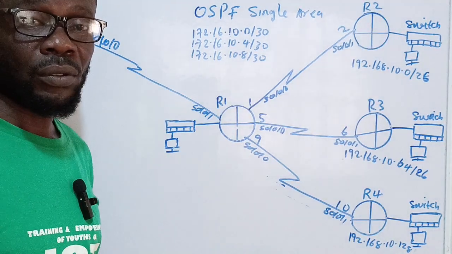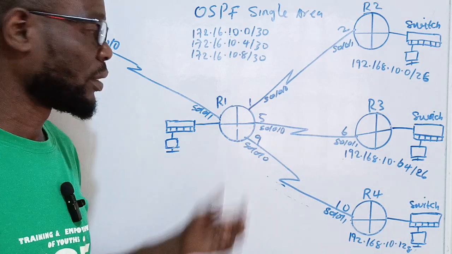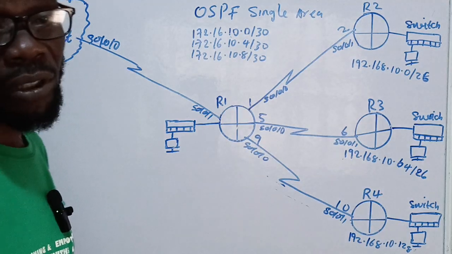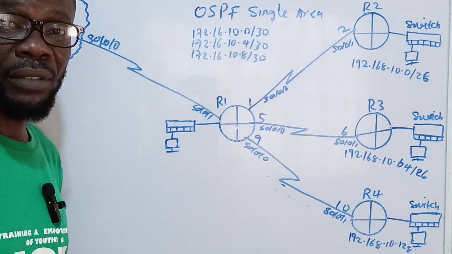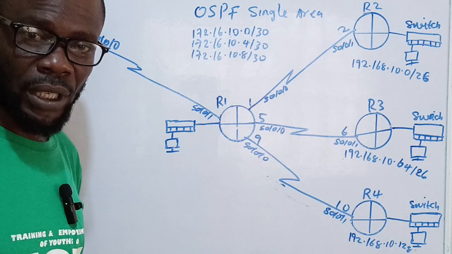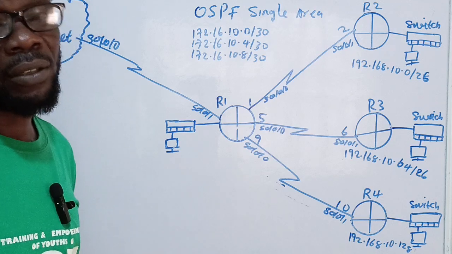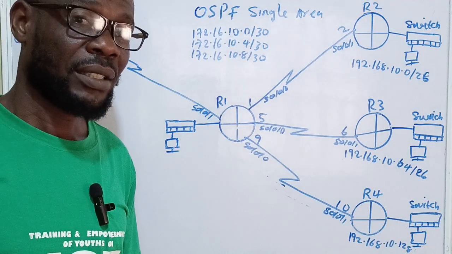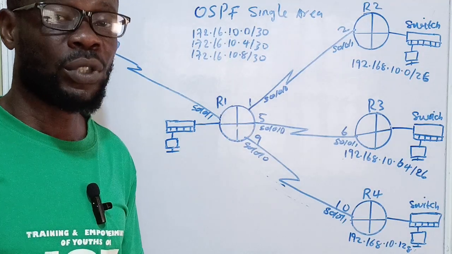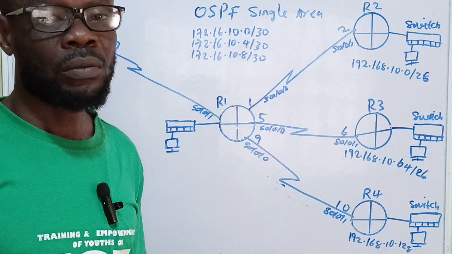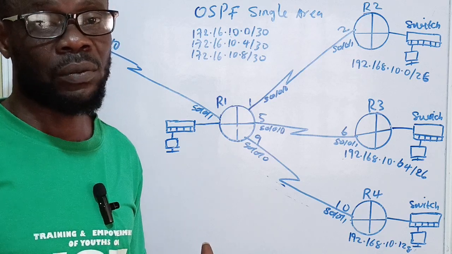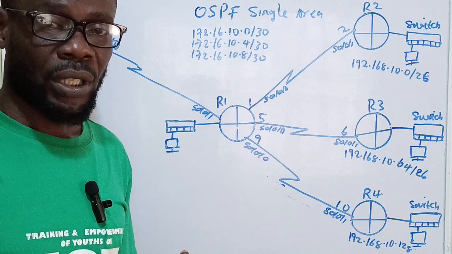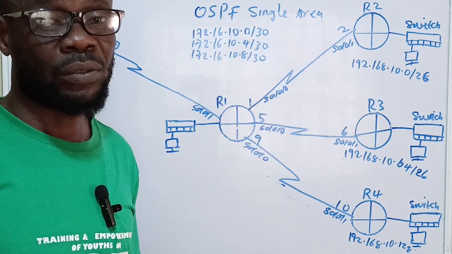And I'm going to configure them in this OSPF network. Remember that OSPF is a routing protocol for large network infrastructure, unlike EIGRP, Enhanced Interior Gateway Routing Protocol, which has a maximum of 200 different networks.